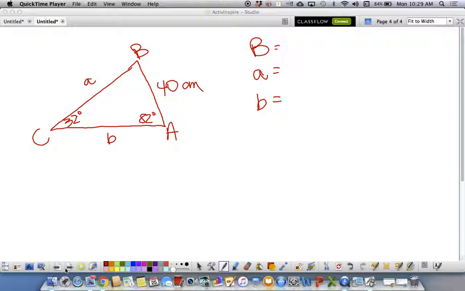Go ahead and use 40 and sine 32 again. And then ask yourself, does your answer make sense? Is the shortest side across from the smallest angle? The longest side across from the largest angle?